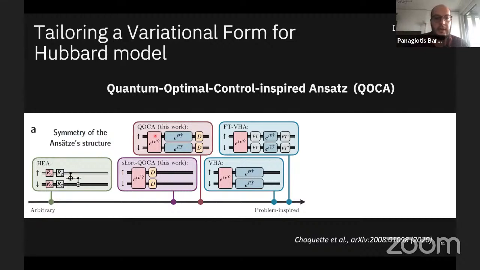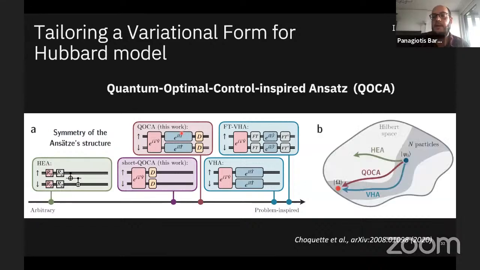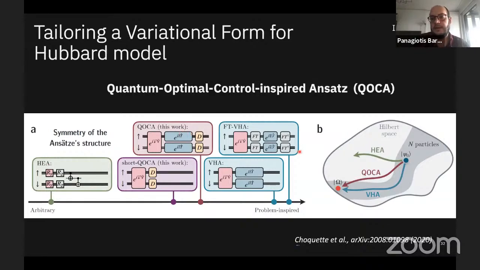So the horizontal lines here represent the qubits, and these are the blocks that correspond to the different parts of the Hamiltonian, the repulsion and the hopping operators in the Hubbard model, in this case. What is the advantage of the quantum optimal control inspired ansatz? And this is exactly what I mentioned before. We really need to be able to confine ourselves to the right part of the space in order to solve the problem.